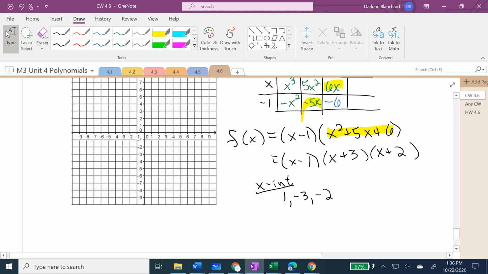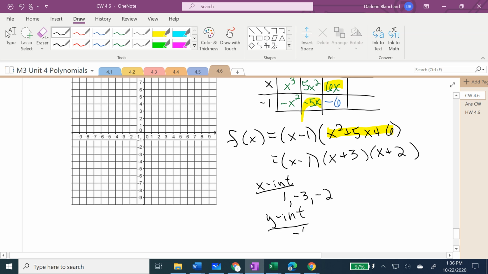You can also find a y-intercept. On the homework, I made sure to have promptings for what you need to find. So y-intercept, plug 0 into all of the x's, and you will get negative 1 times 3 times 2.